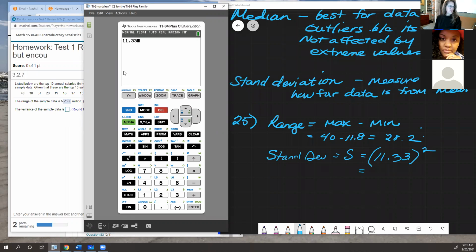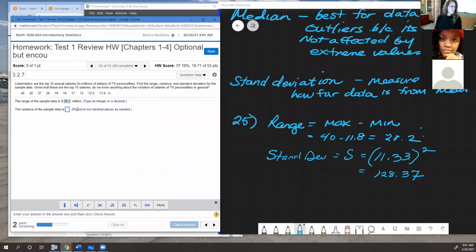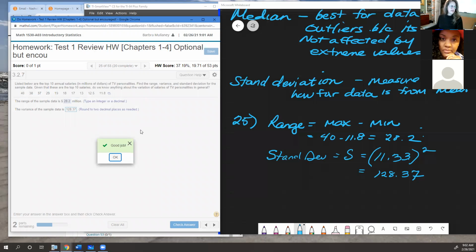All right, and then I'll square 128.3. Did you get a different decimal, Shantae? Well, I didn't round until after I squared. You're right, but you may get it wrong when you type it in, because it's asking you to round to 2 decimals.